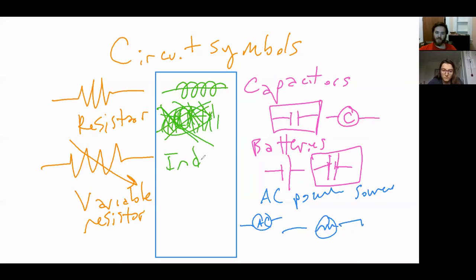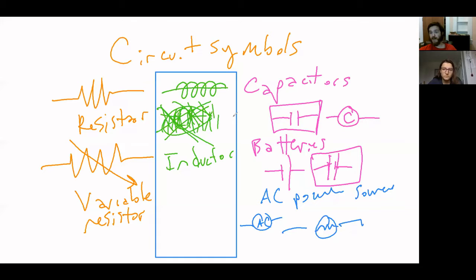These are the basic circuit components that you're going to be dealing with in your class, and anything that is adding basically load to the circuit is a resistor. And then the capacitor and the inductor act to do different things with change in current.